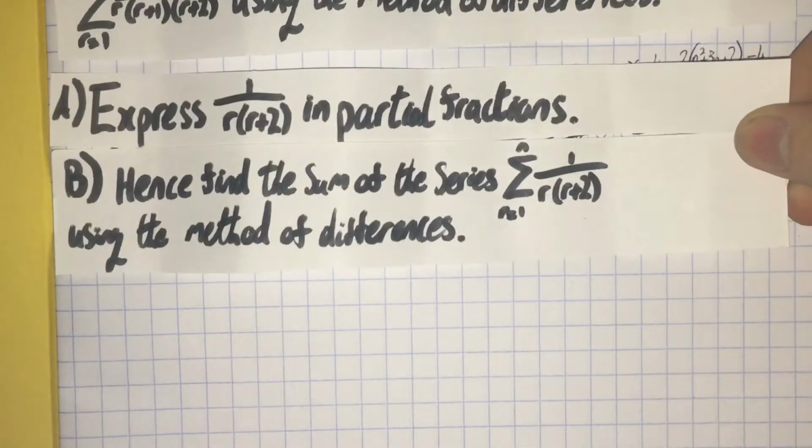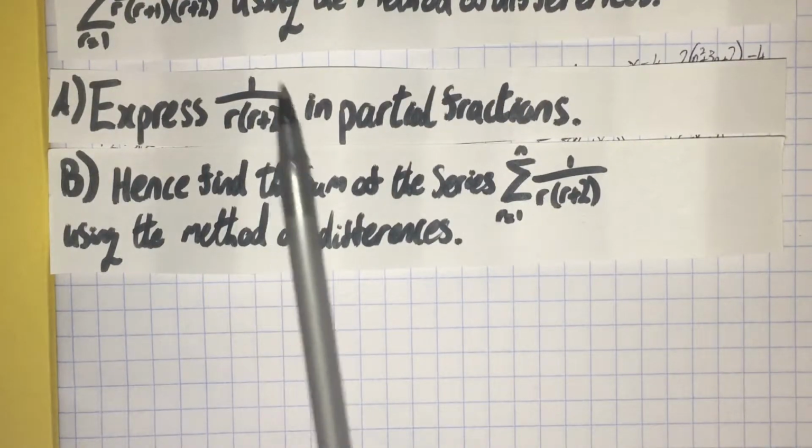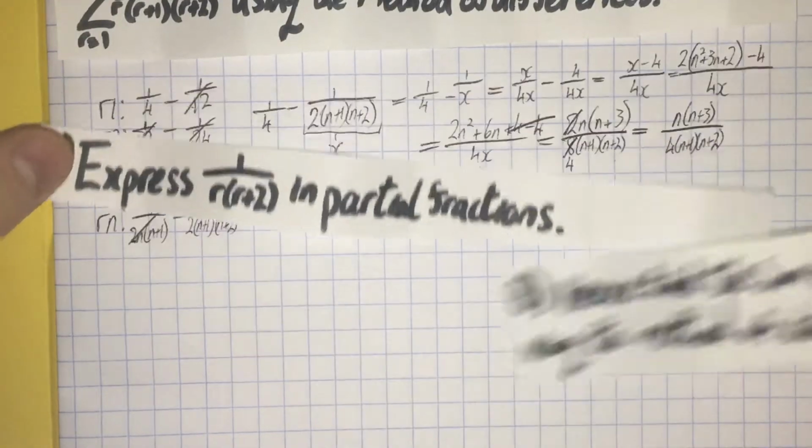Here is our next part that we shall be answering. Now often when doing method of differences, you may find they ask you to express something in partial fractions. Now you may or may not have covered this yet, but I shall just briefly go through part A with you.